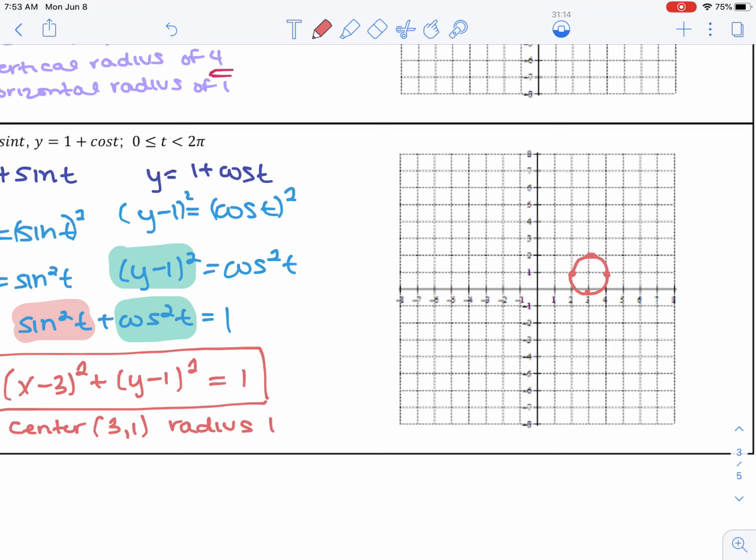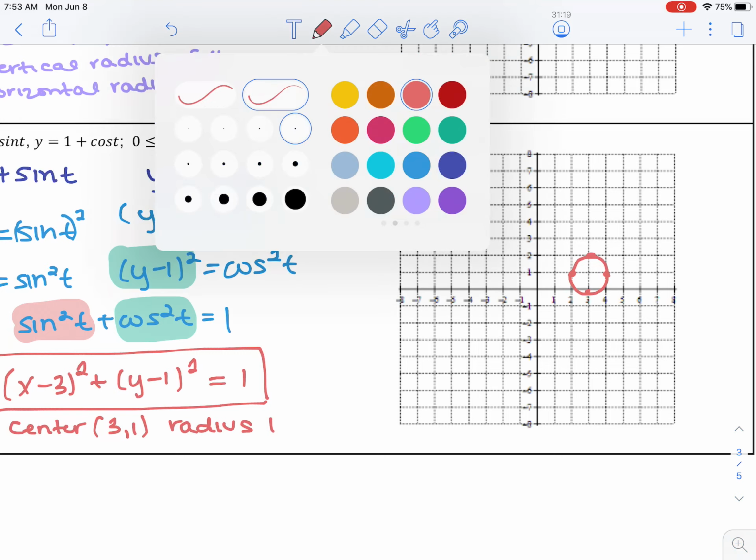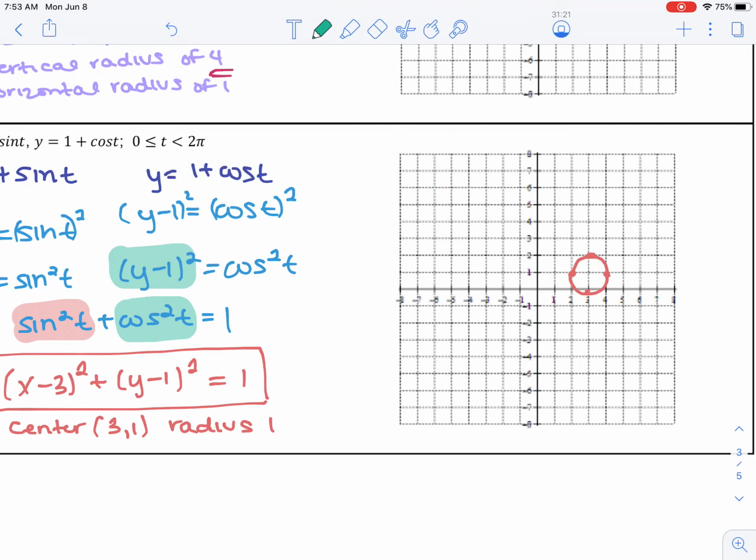Now, the last thing that we need to do is determine the direction in which we plotted things. So again, kind of utilizing that tabular idea, thinking about, okay, well, when t is 0, that lowest value of t, what is my xy point? So plugging that into my functions, I'll find that t equaling 0 gives us 3, 2.